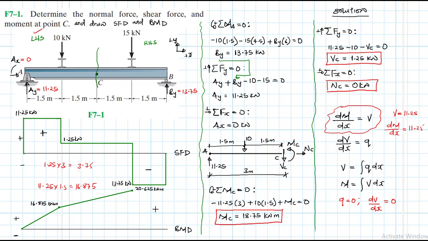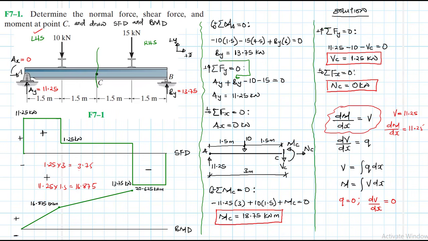And then finally, from 4.5 to 6, we have a negative slope, but it is also constant. So what this means is the slope of the moment will be constant but negative. And this magnitude, we just need to calculate it.